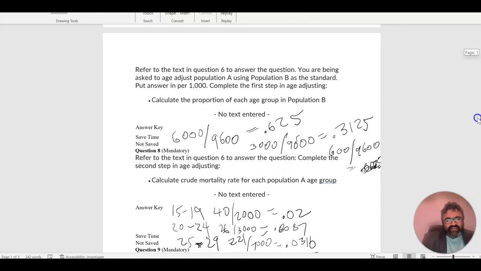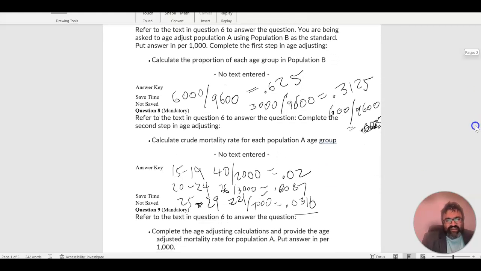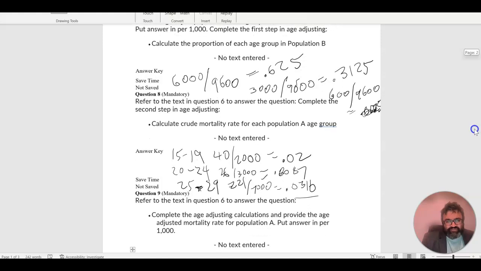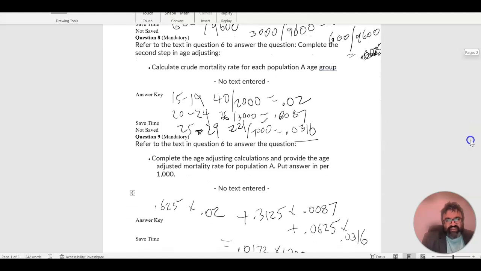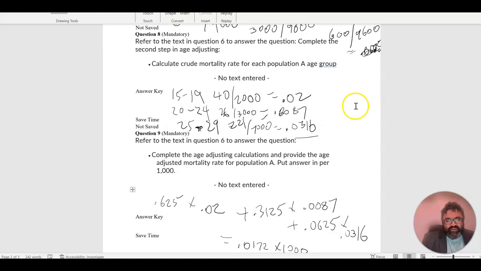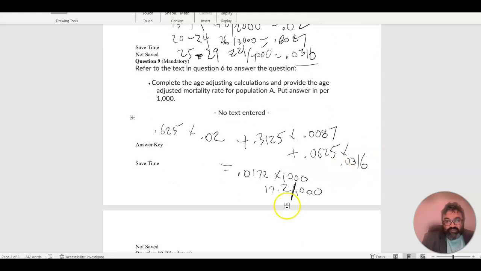A lot of these calculations require many more adjustments. So this was the crude mortality rate per age group. Once you know the crude mortality rate, you can age-adjust according to the mortality of each of the population groups, and that gives you 17.2 divided by 1,000.